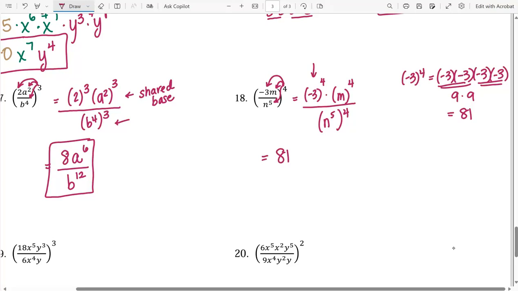M to the 4th, there's no exponents to combine, so it's just m to the 4th. And on bottom, I have that double exponent that is sharing a base. So I write the base one time and multiply. 5 times 4 is 20. Good.